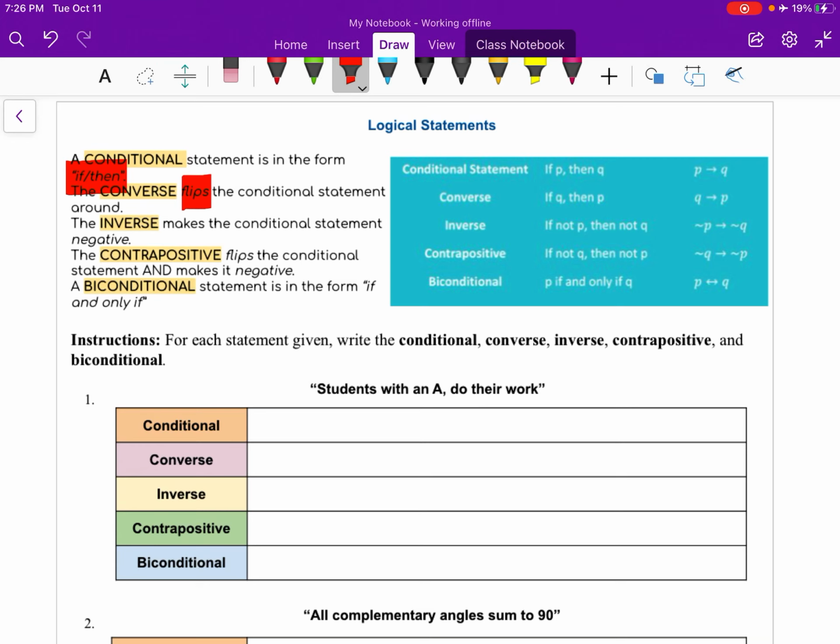The inverse would keep the same order as the original statement. However, we would basically negate the entire statement. That means we would end up adding the word not to our statement, making the whole thing negative.